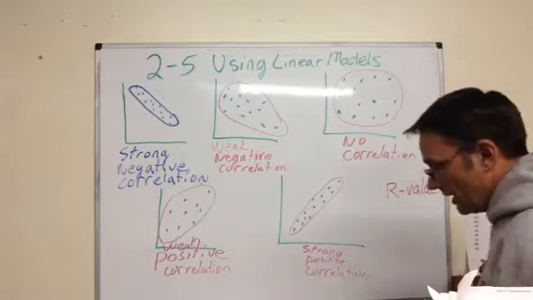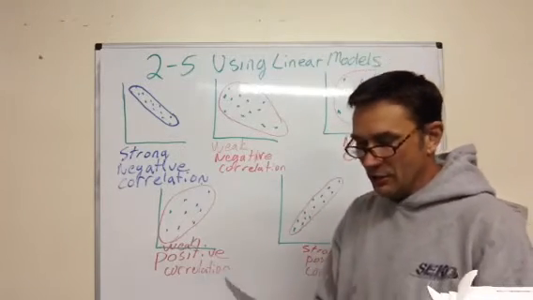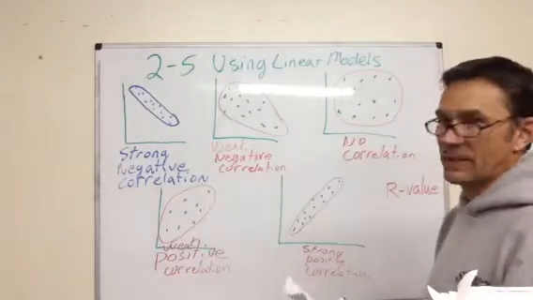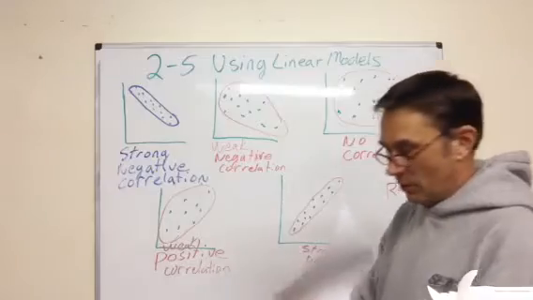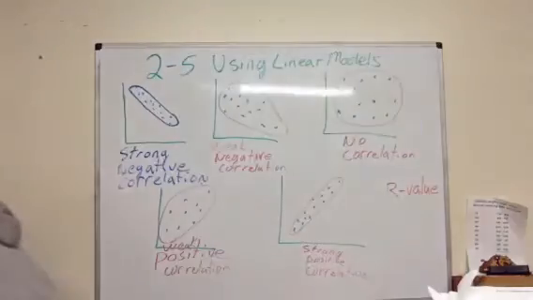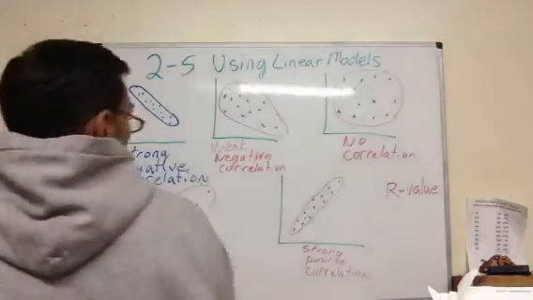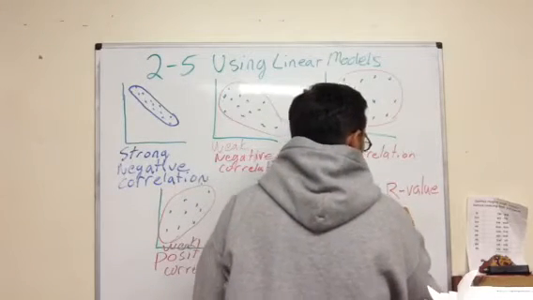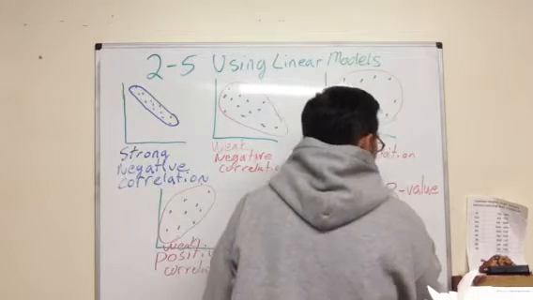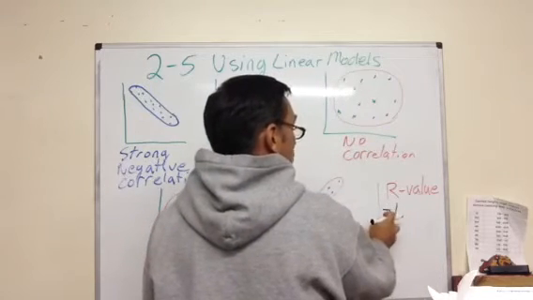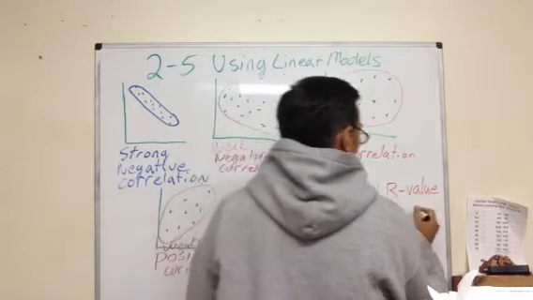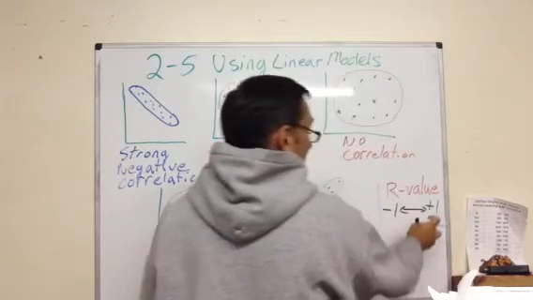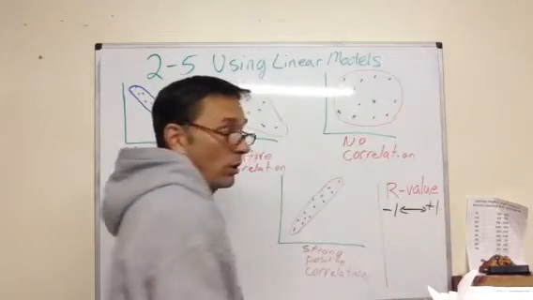Okay? The R value. The R value is how we can compare these different things. So, looking at this, we know that the R value, well, you will know this, is going to be between -1, a strong negative correlation, all the way to +1, a strong positive correlation.